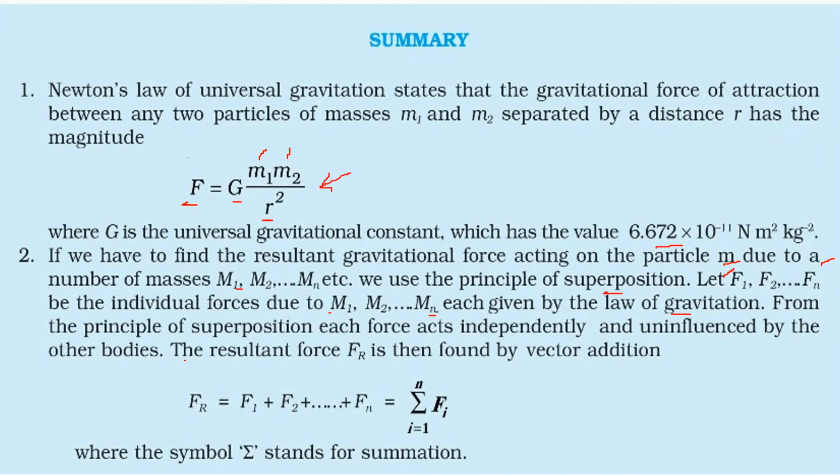From the principle of superposition, each force will act independently and will be uninfluenced by other bodies. So the resultant force is given by the vector addition of F1 to Fn, which is the summation from i equal to 1 to n of Fi.